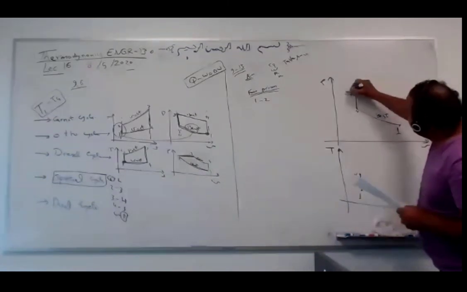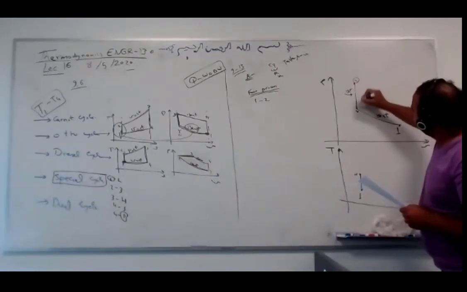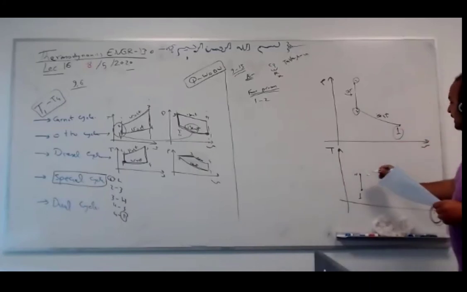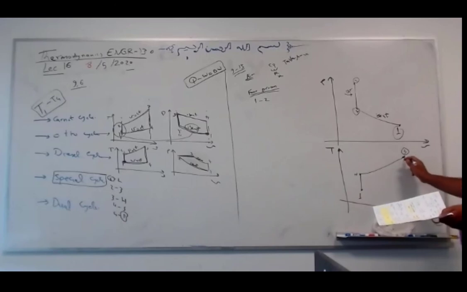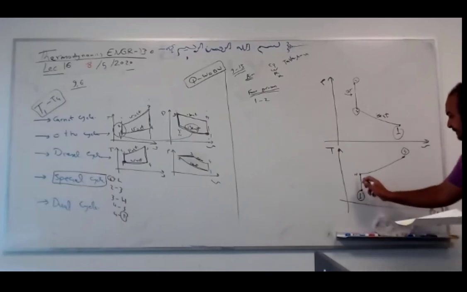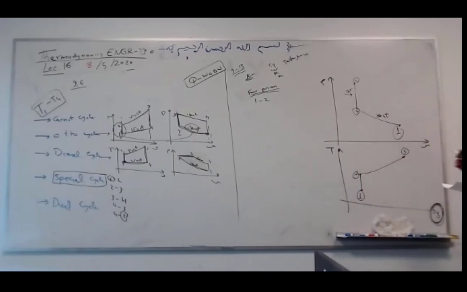Heat addition, he said, at constant volume. Here, like Otto, like this. Then he said 3 to 4, isentropic expansion. Here is easier. How does isentropic look? Vertical. Perfect.